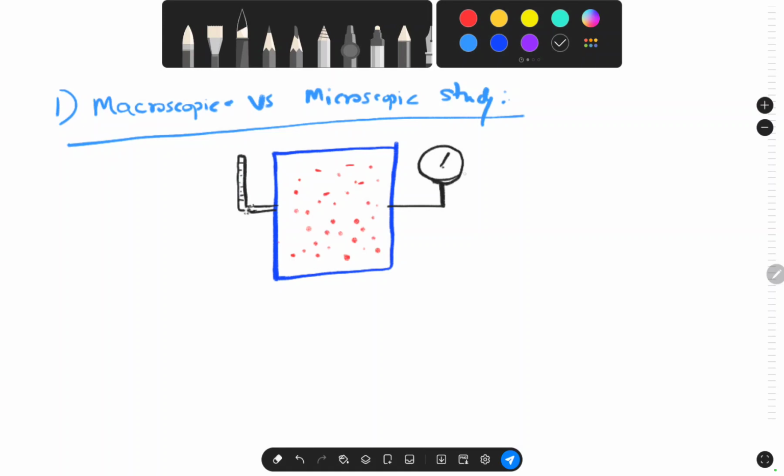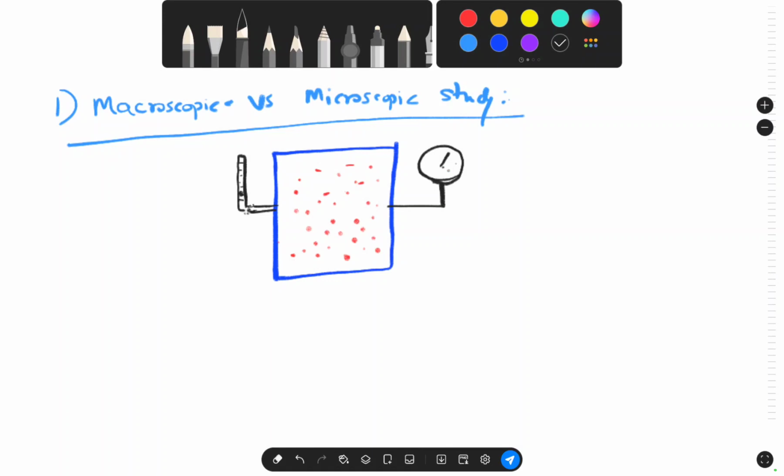Here we get certain values on the pressure gauge and certain values on the temperature scale. That result does not take the individual molecular effect, but rather the net effect of the molecules present in the system.